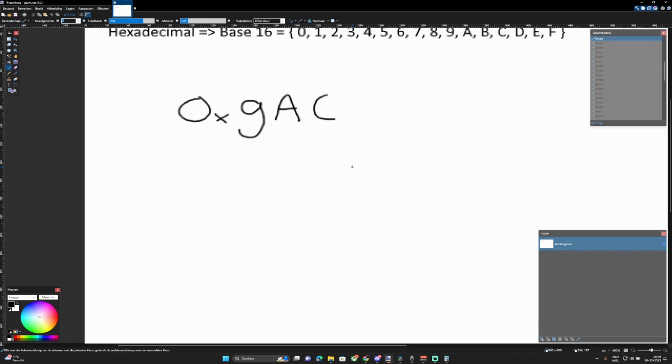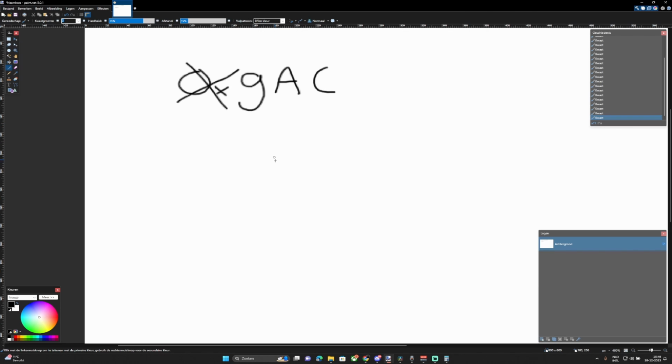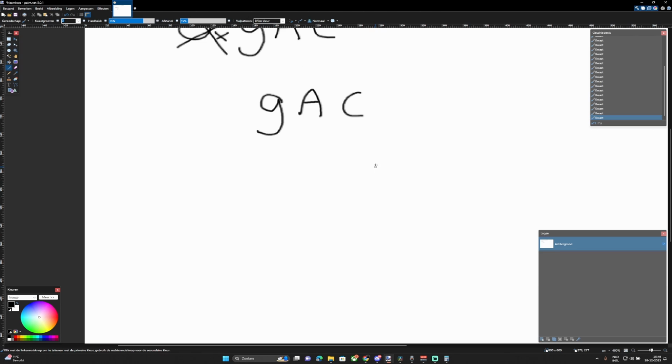Alright, so let's take a look at this second example. We now have 3 symbols. And just like we did before, we do not take the 0x into consideration with our calculation. So we're just going to write down 9, A, and C. And we know we calculate from the right and we go to the left.